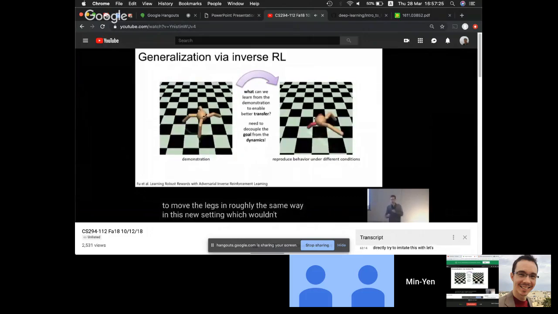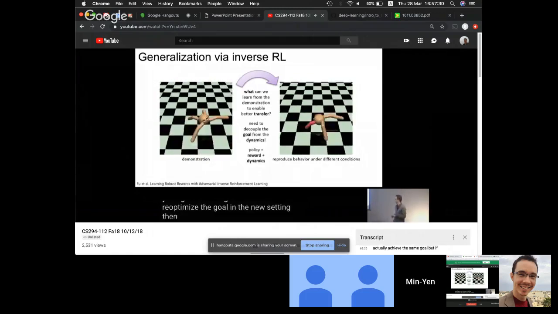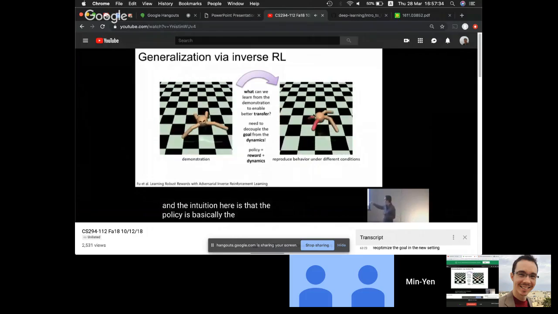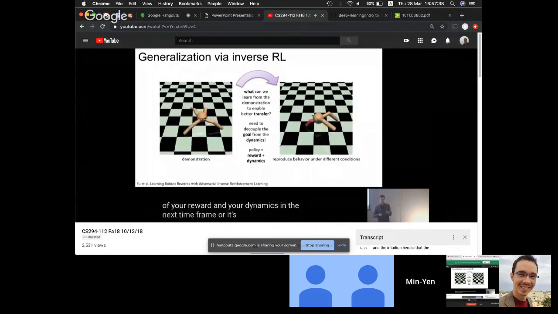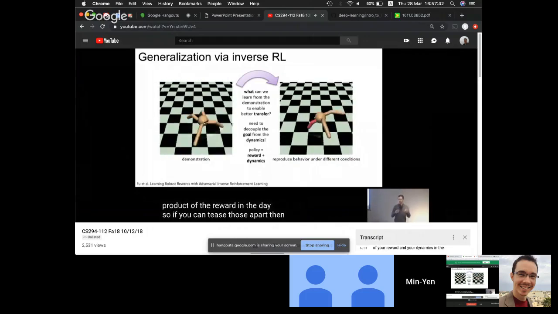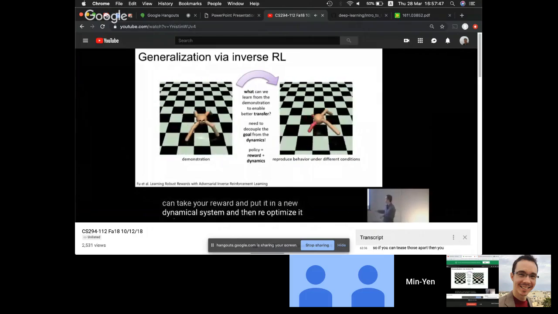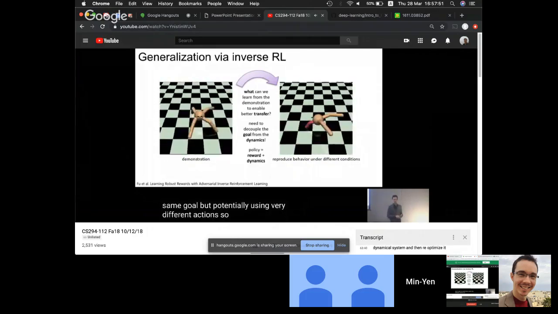But if you know the reward function and the whole point is to go to the right, then you can relearn a policy to do that. Your limbs are stuck, but you know the reward, so you can just use normal reinforcement learning. That's the portability of learning the reward compared to recovering the policy.